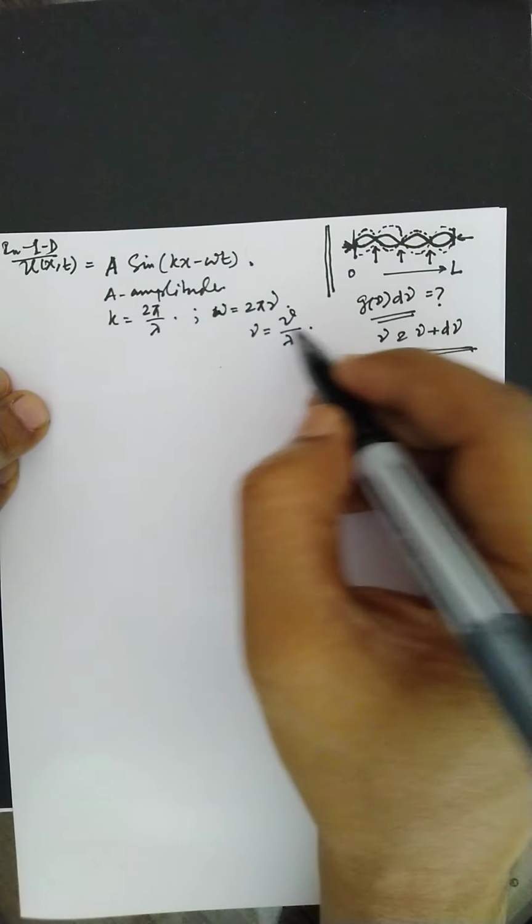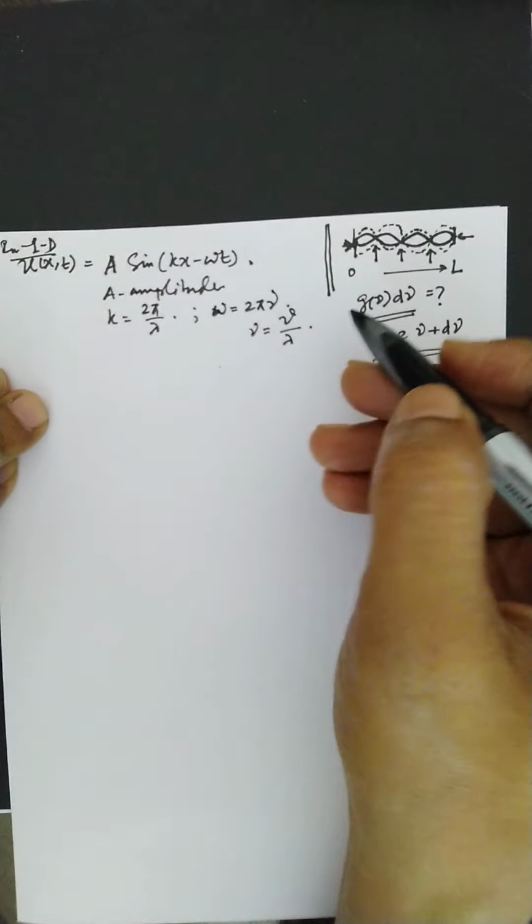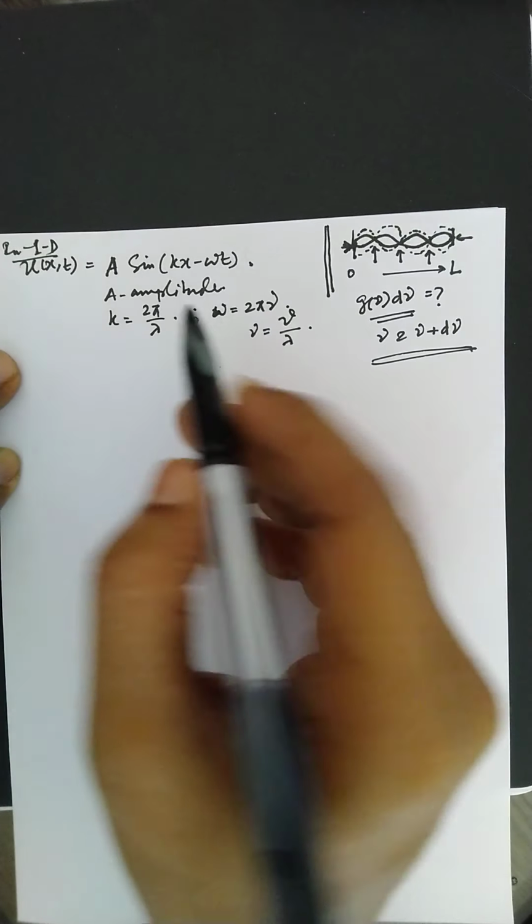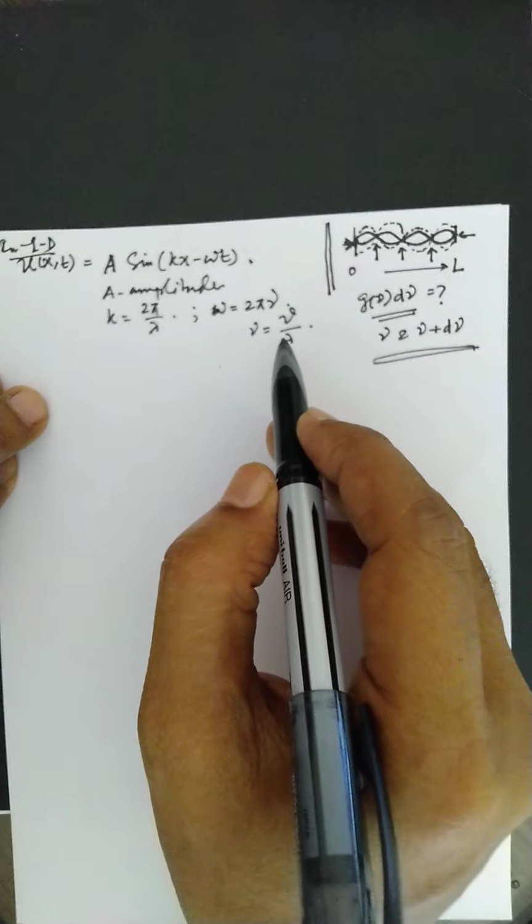For light it is c by lambda, where c is the velocity of light.